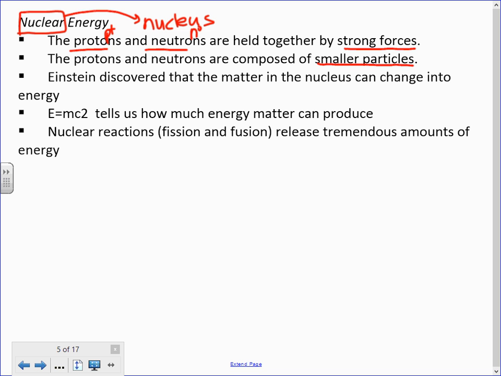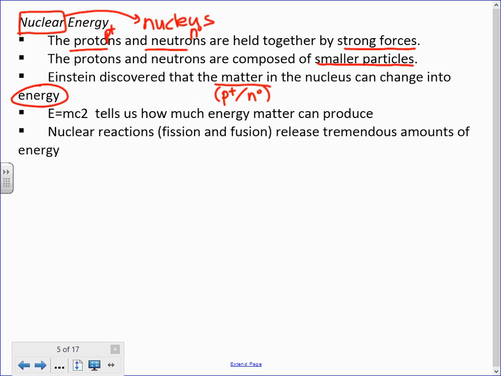Now these two particles are what make up matter. And Einstein discovered that matter in the nucleus, so the protons and the neutrons, can change into energy. The idea is that if I can make something happen in the nucleus and disrupt those forces, I can get a bunch of energy from that.